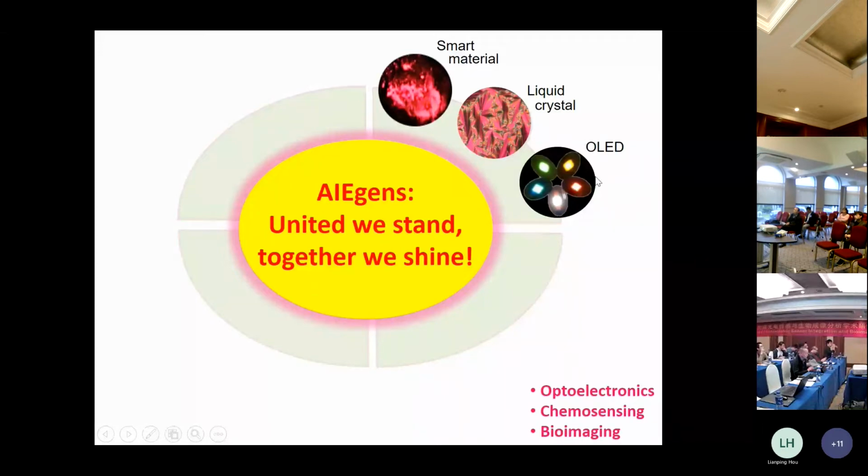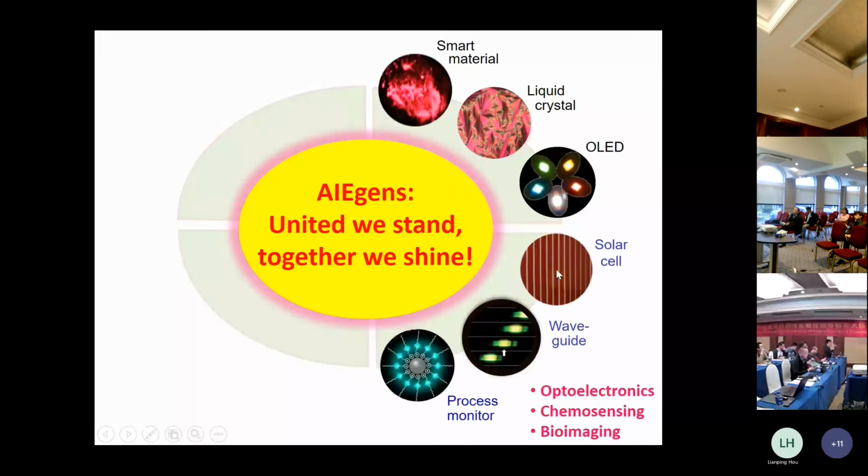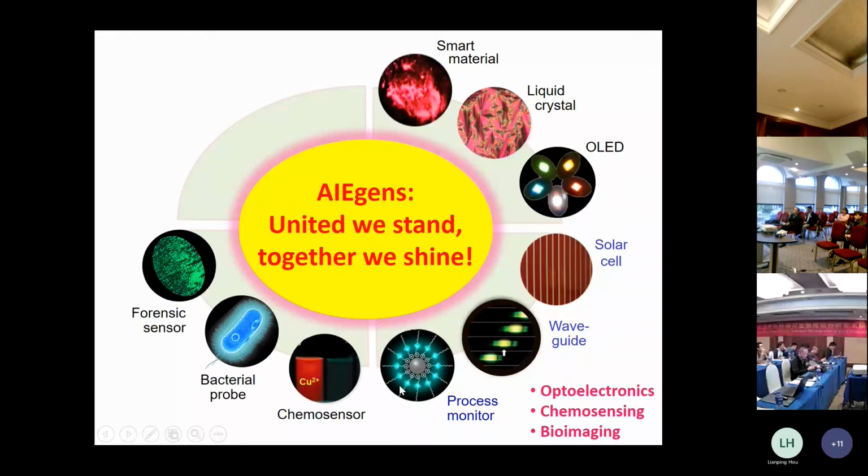It can also be utilized to make solar cell waveguides and monitor for invisible processes. It can also be utilized as a chemical sensor to image all kinds of chemical species.